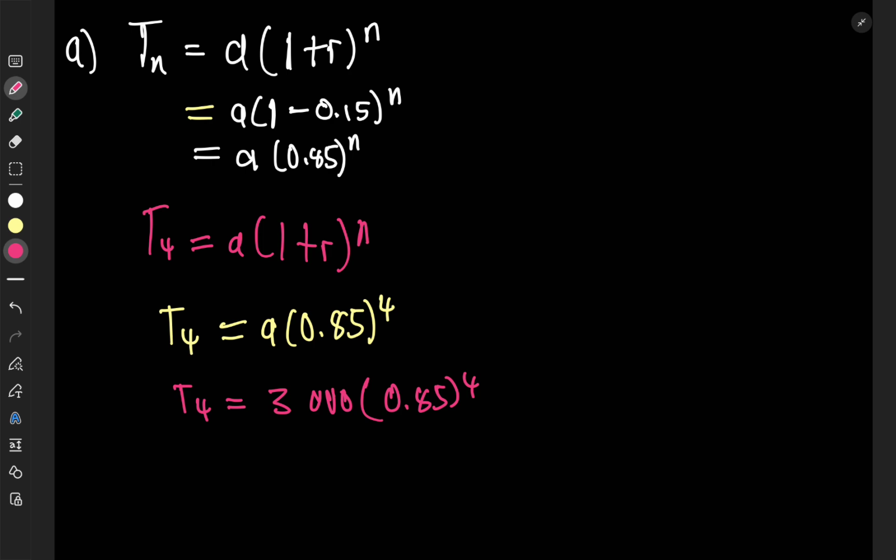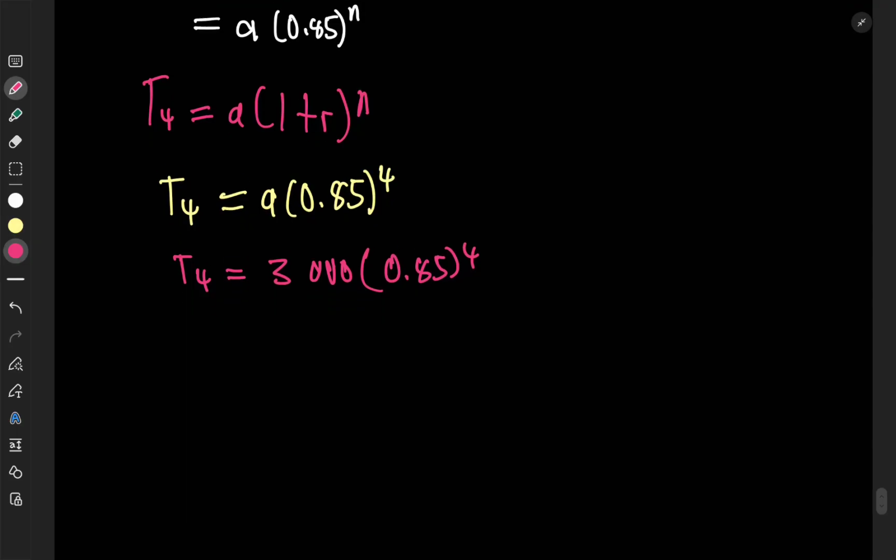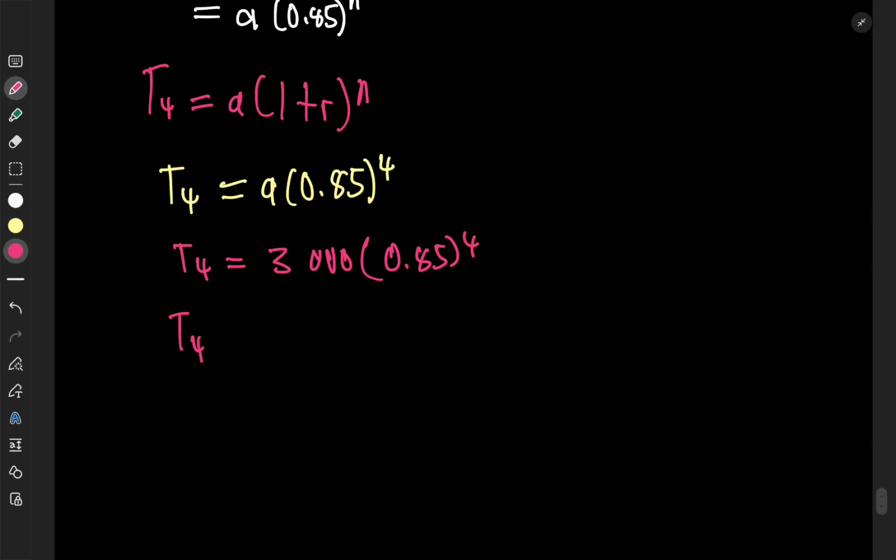We work out 0.85 to the power of 4, then times 3,000, and we get 1,566. So term number 4 is equal to 1,566 puller. This is going to be the value after 4 years.